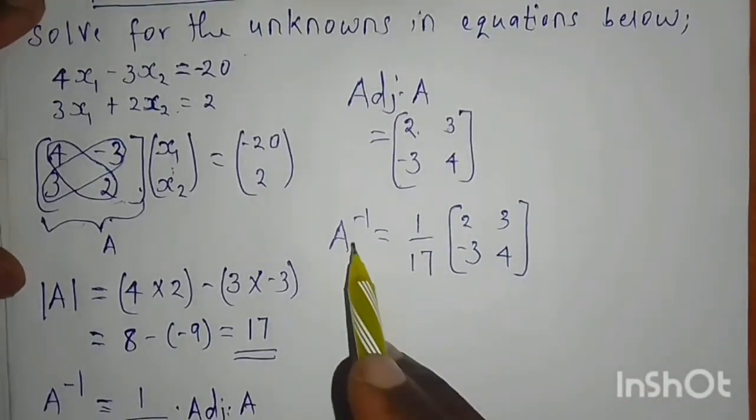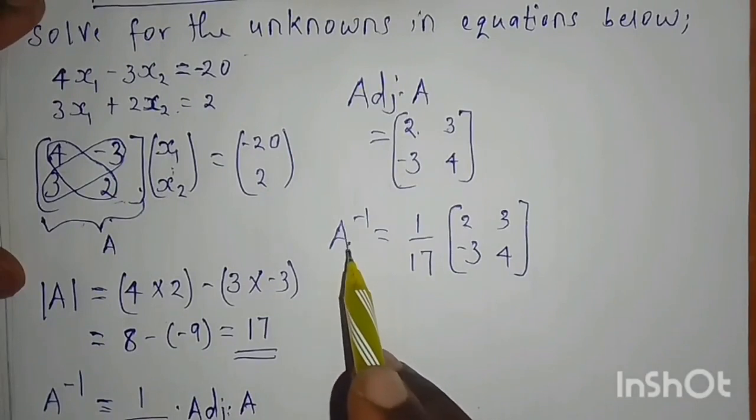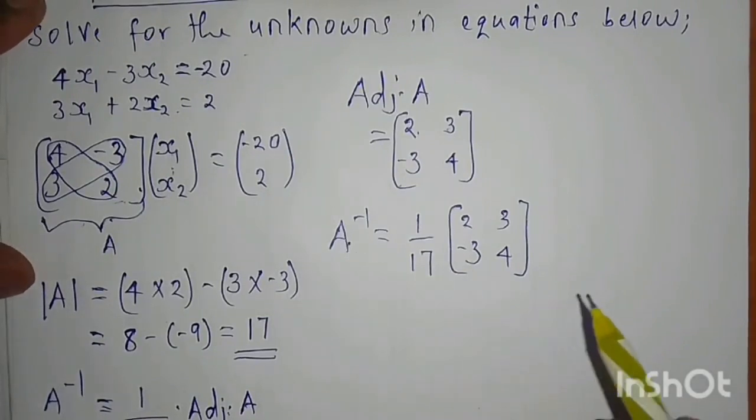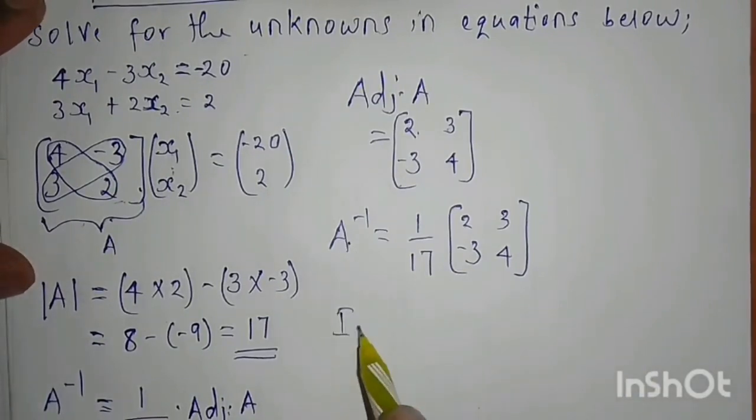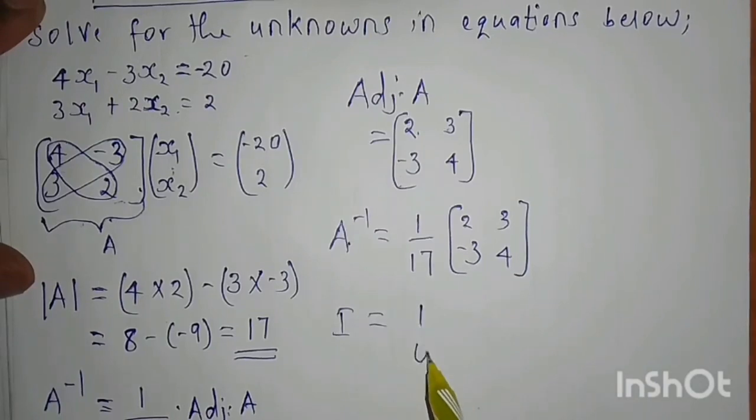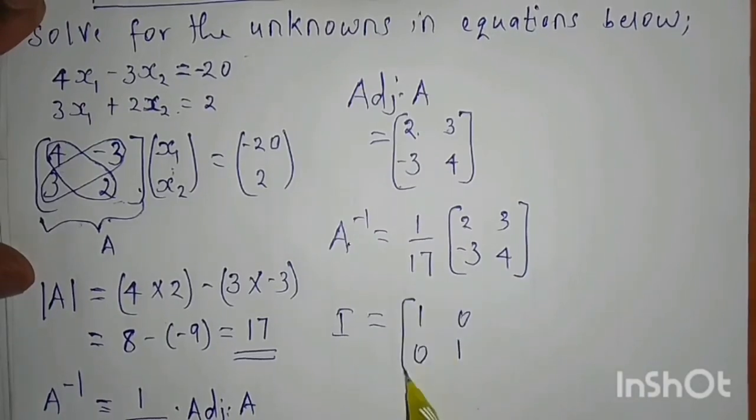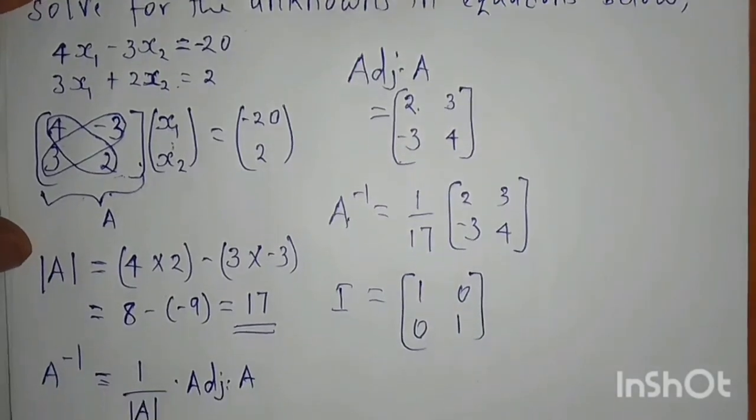If we multiply this matrix times A, we will have an identity matrix, which is just like the number 1.